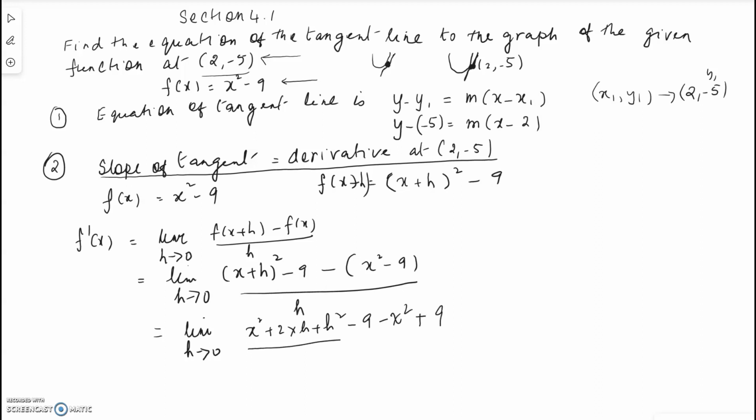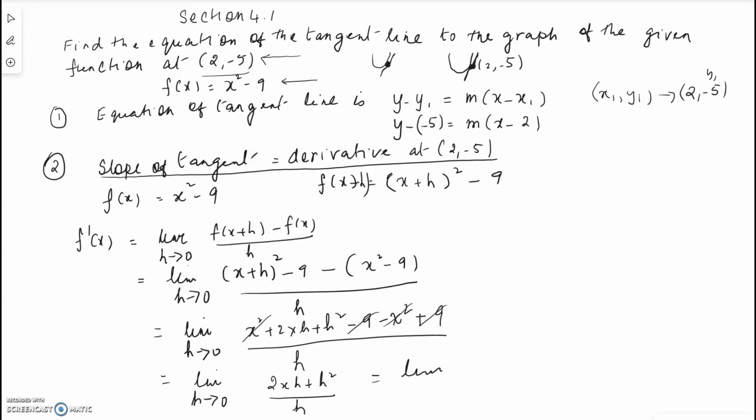We're just simplifying. This is equal to the limit as h approaches 0 of 2xh plus h squared divided by h.